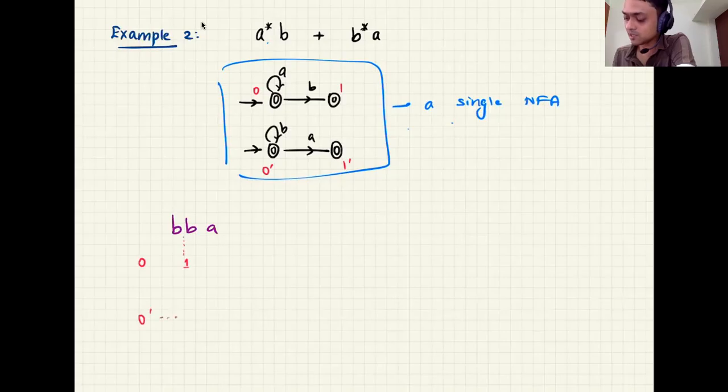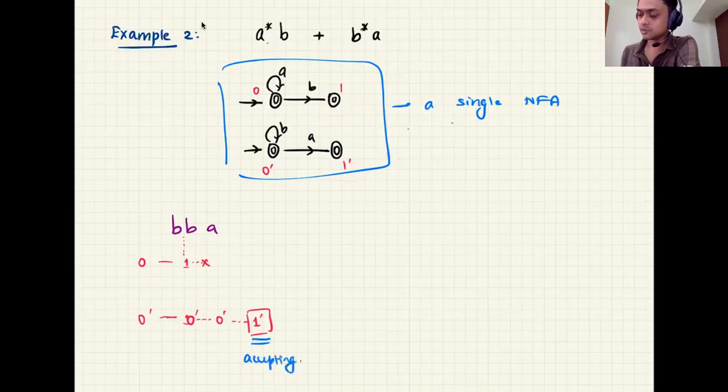From 0 prime, if I read a B, I go to 0 prime again. From 1 I can't do anything because from 1 I cannot read any more letters. Whereas from 0 prime, I can still read a B to go to 0 prime. Then I can read an A to go to 1 prime, and 1 prime is an accepting state. So this word will be accepted.